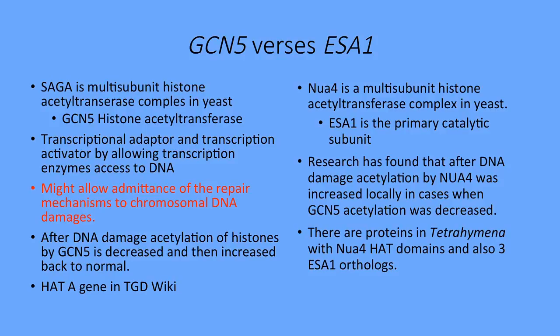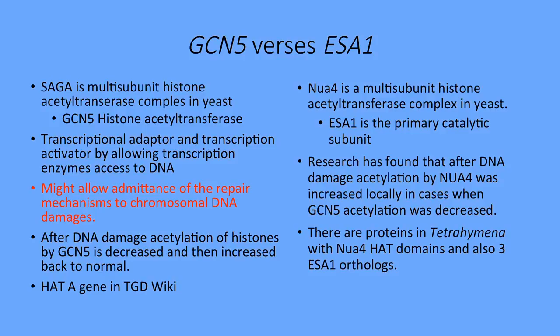Now GCN5 is there for activation, allowing transcription like we just heard. And what I'm interested in is that it's been shown to potentially allow the admittance of the repair mechanisms to damage but not allow transcription at those spots. And to study that more, that's kind of our goal. After DNA damage, acetylation of histones by GCN5 is decreased and then increased back up.